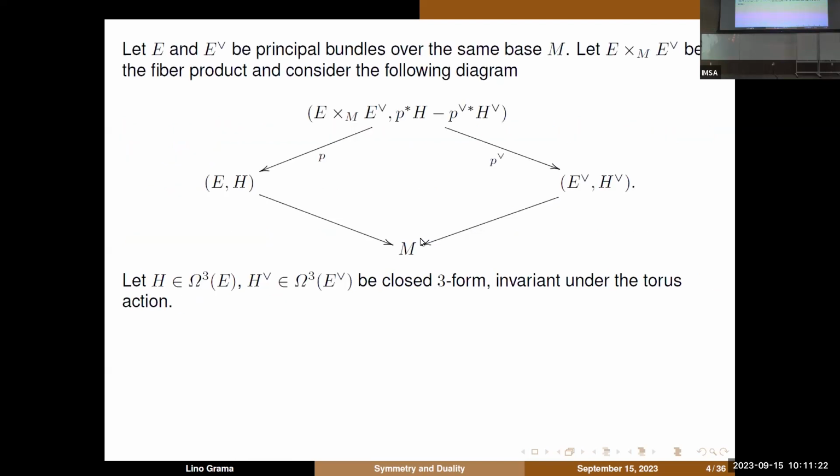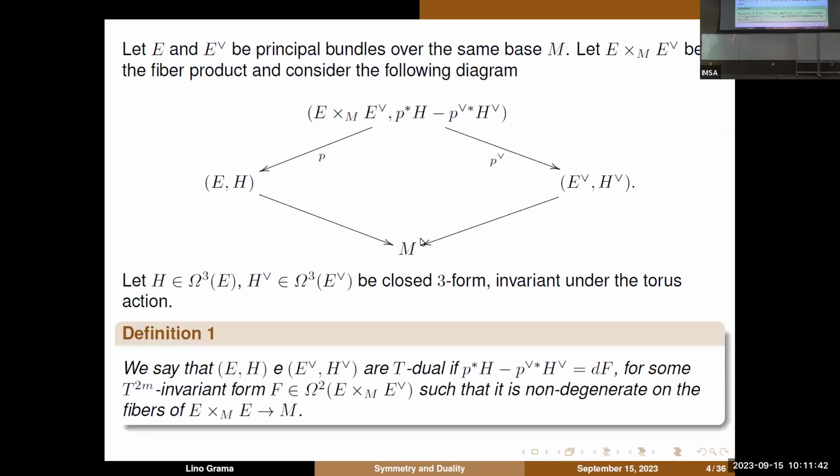In the picture for this duality in the sense of Bouwknegt, Evslin and Mathai, we start with torus fibrations E, H over the same base M. How do we say the duality occurs?